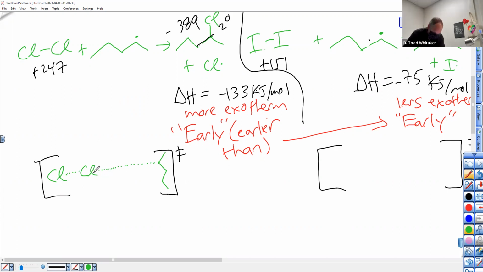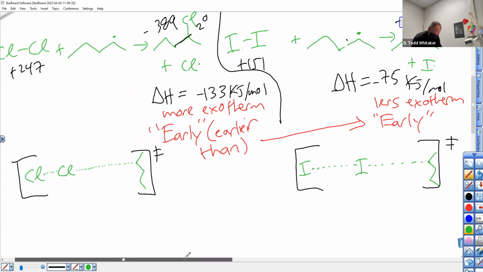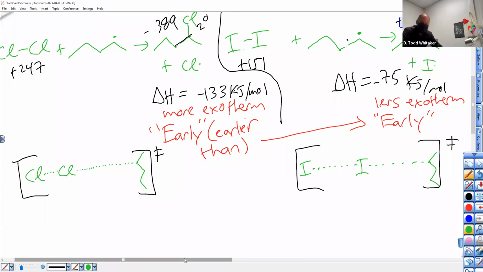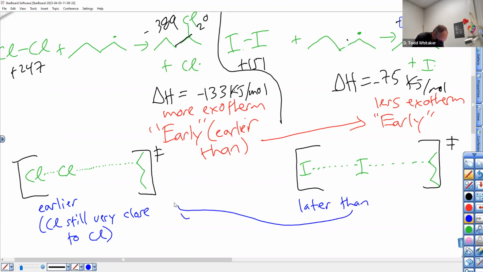Now, in this one, what's the difference between the two diagrams? This is earlier. Cl still very close to Cl. Isn't that where it was early on? Later. Don't call it late. Later than that one.